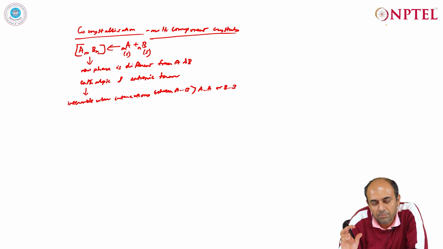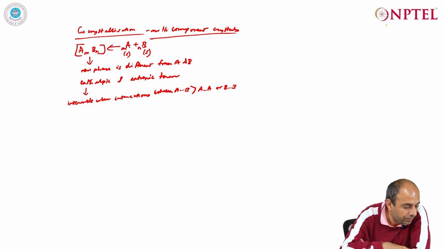So, AA and BB have a certain stability, but the nature of interactions between A and B is more favorable and more stabilizing compared to that of the starting material, and that is what enthalpically drives the formation of co-crystals.